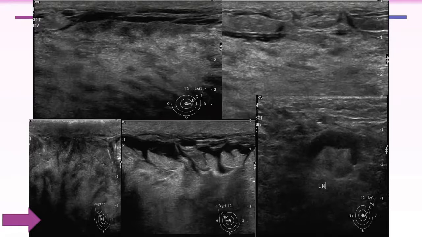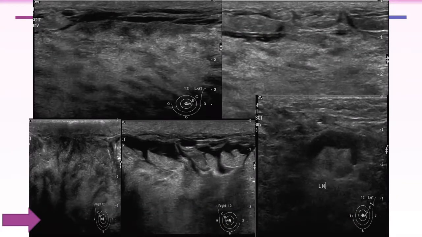It could be fluid overload from other systemic illness. Okay, does fluid overload explain this pathological lymph node? No. Could be bilateral lymphedema.